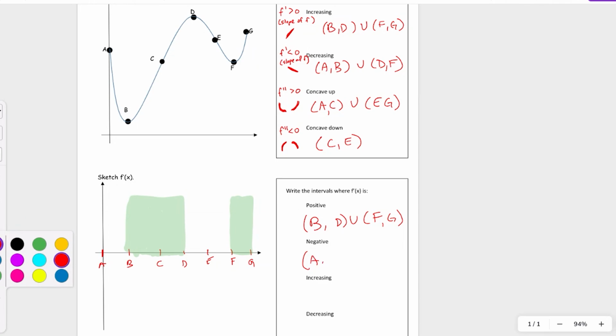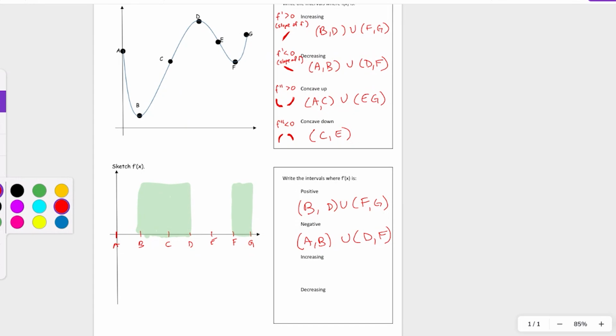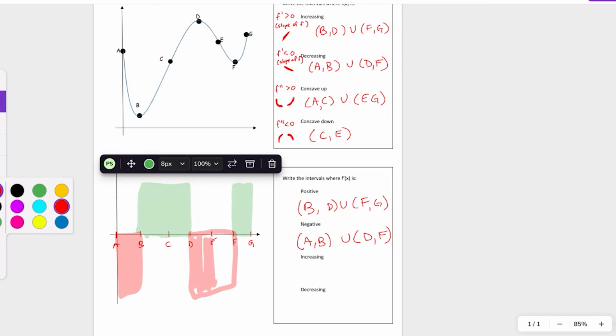So in between A and B, but also between D and F. So if F is decreasing, F prime is negative, that means that the graph of F prime needs to be below the x-axis between A and B and D and F. Okay, so you can sort of start to see the graph take shape here. We can see the regions where the graph would be, but we want to be a little bit more specific about a couple points here.